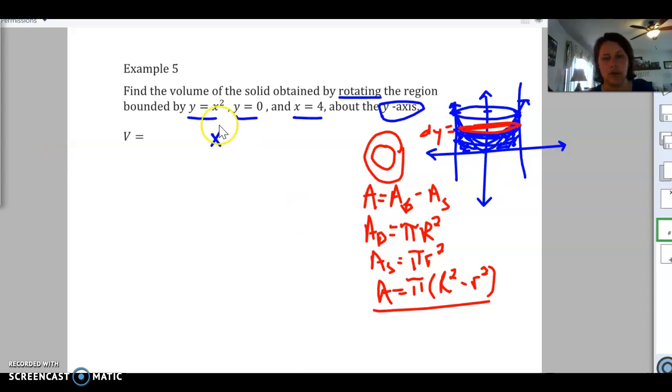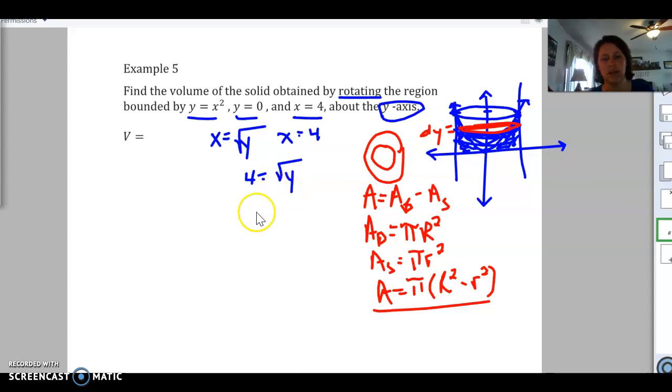All right, so going back over here, we were in the process of solving for x. So if we have y equals x squared, then x is equal to the square root of y, and x is equal to 4. So setting these 2 equations equal to each other, we have 4 equals the square root of y.